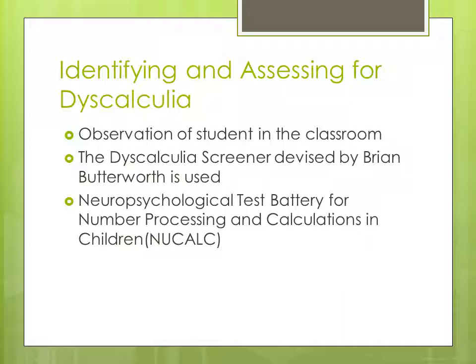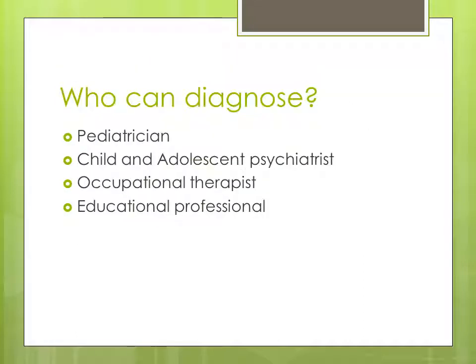The neurological test battery for number processing and calculations in children is a test that assesses number concepts and arithmetic procedures. This test is used by professionals only. Who can diagnose?